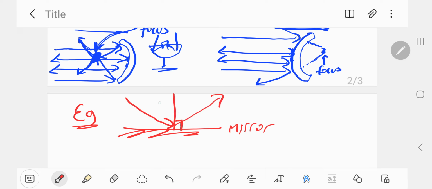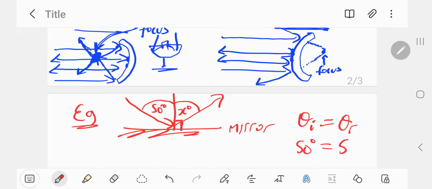Here's the normal. Suppose the angle of incidence is 50 degrees. You need to work out the angle of reflection, x degrees. If you recall, the law of reflection states that the angle of incidence, theta sub I, is equal to the angle of reflection. So if the angle of incidence is 50 degrees and it's a flat surface, a mirror, therefore the angle of reflection will be 50 degrees too, and that's x.